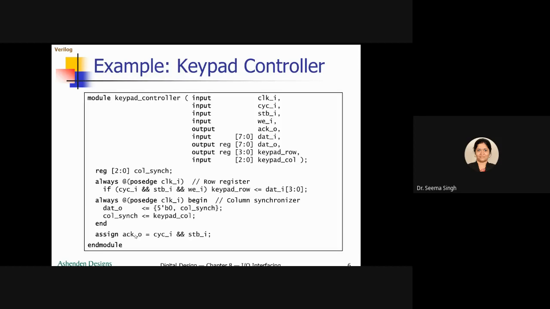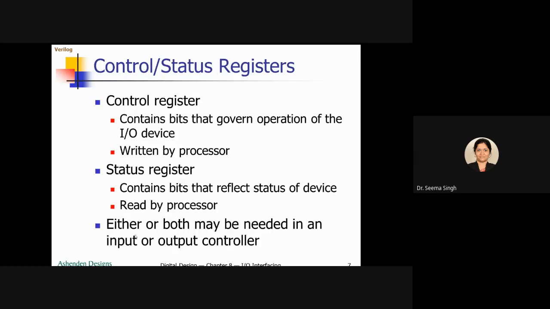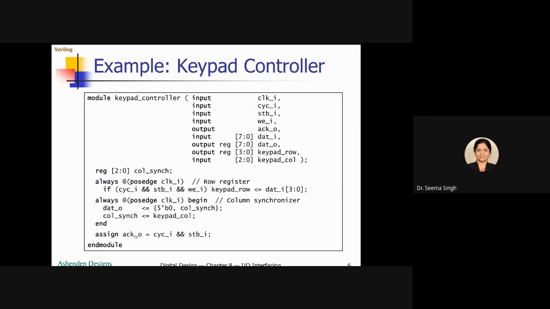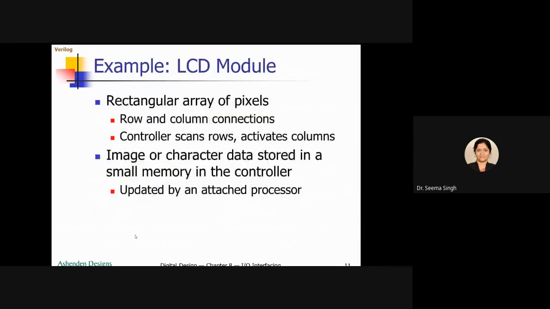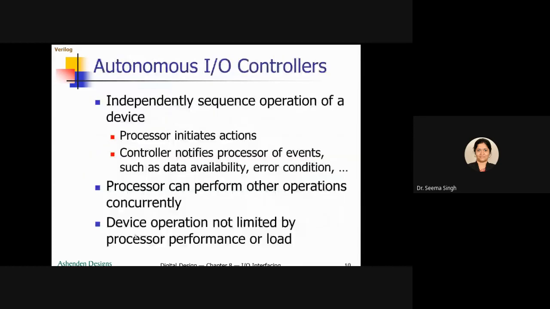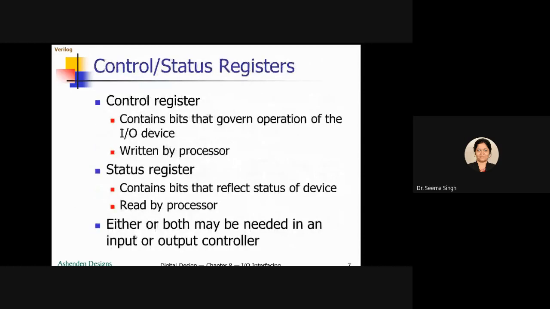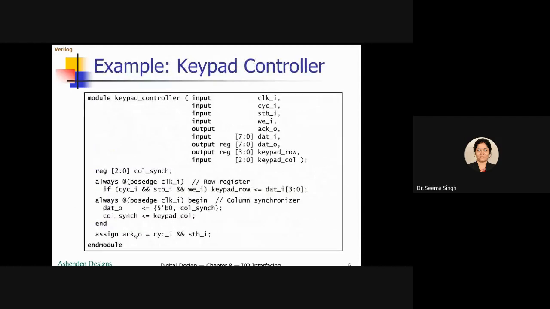So this is about the entity part. Further, I will come back to the program. Okay, see, before that I will have to teach you about the control and status register. What you have to understand in this is that now your keypad controller is in a working mode.